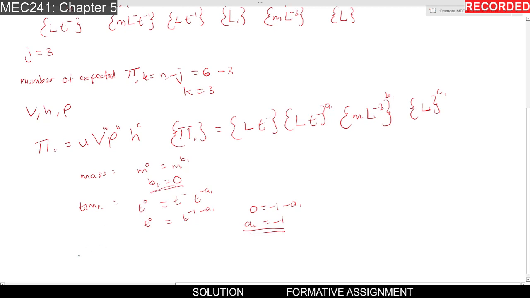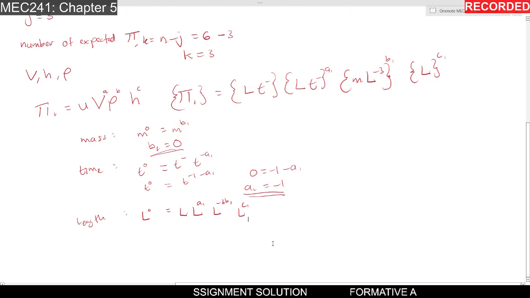Okay, and then we have length. So length 0 equal to, we have 1 here, so L, and then L to the power of a1, and then we have here L to the power of minus 3b1, and finally L to the power of c1.